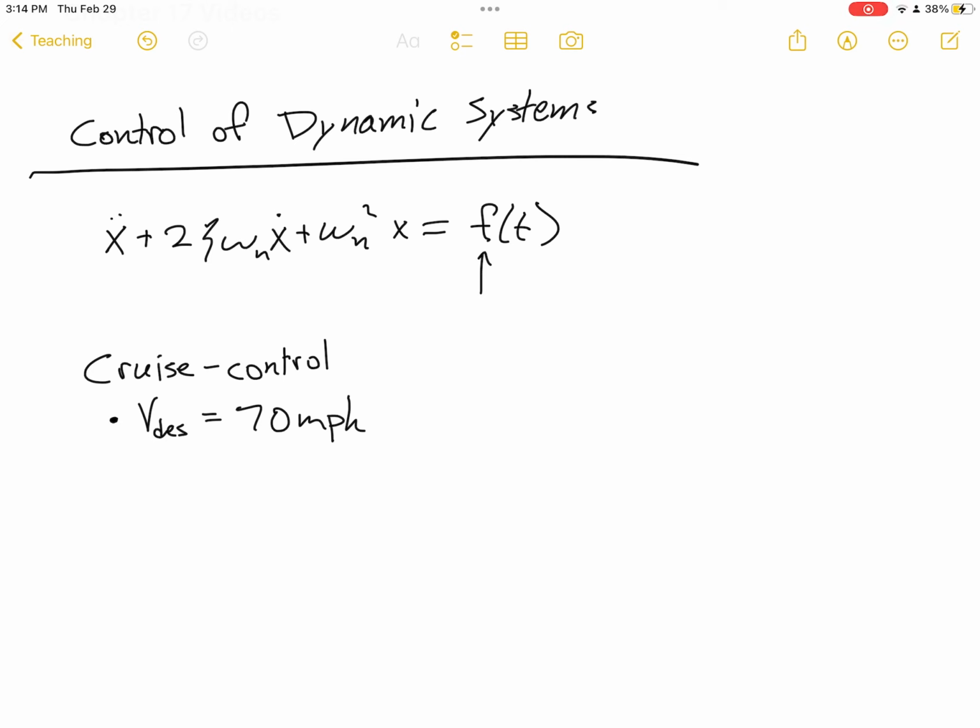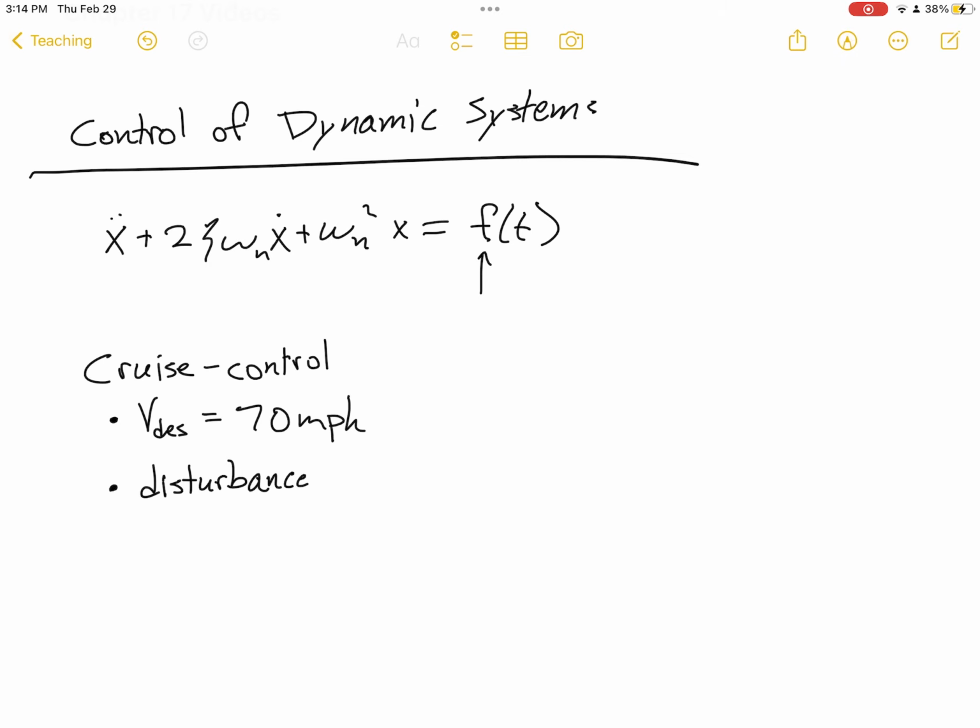Sometimes your car is going to find itself on a hill and it's going to slow down suddenly, and your car will need to step on the gas a little more to overcome that. Sometimes, maybe you're going downhill or just a tailwind starts and your car starts to go faster than that, and your car's going to need to hit the brakes. And so that idea is disturbance rejection. There's a hill that causes your car to slow down.